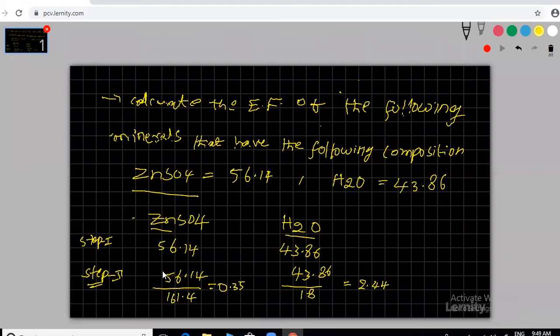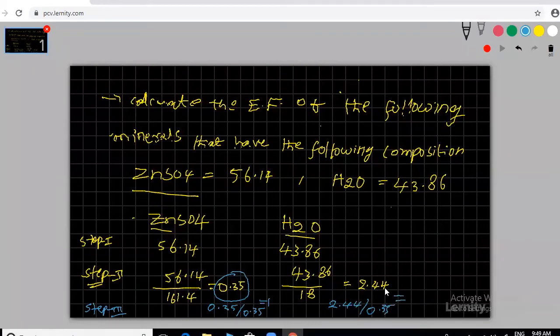What is the next step? Which is the smallest value? We have to divide with that. Step 3, we need to divide again with the smallest value. Write here 0.35 by 0.35, this is 1. And here 2.44 by 0.35, so this is how much you are getting approximately?